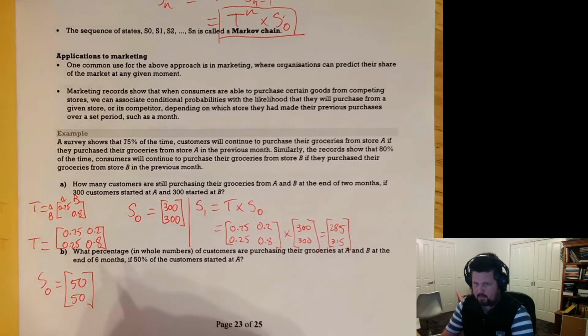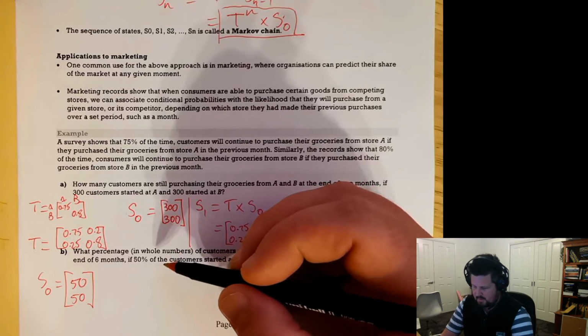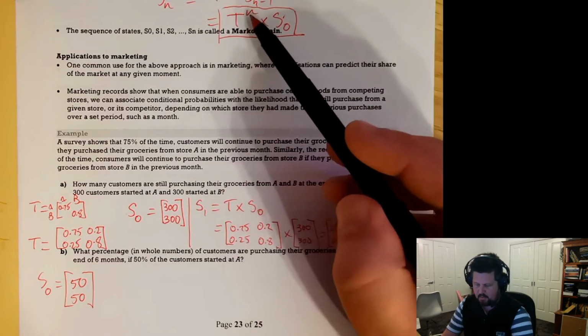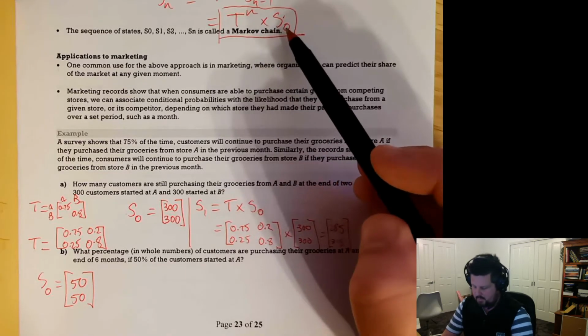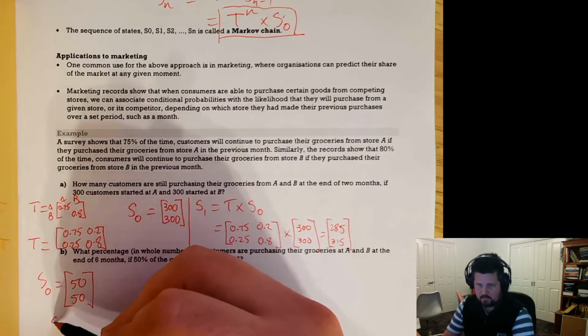So from above, the rule to calculate this particular case: Sn will be equal to the transition matrix to the power of n multiplied by the initial state. Let's write out that formula so you can see it.